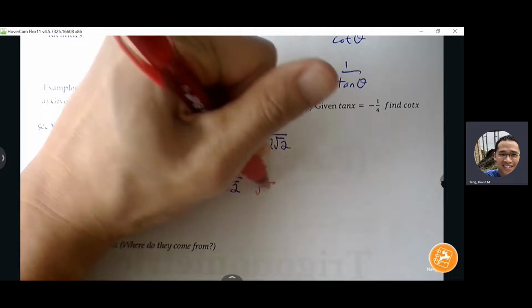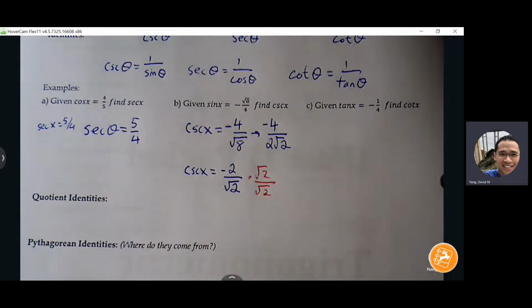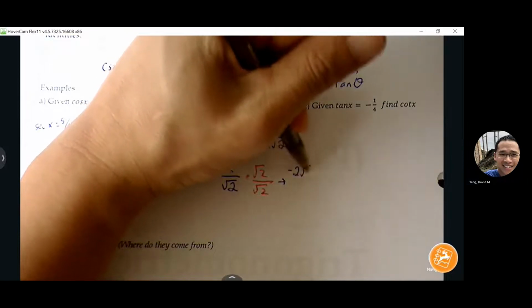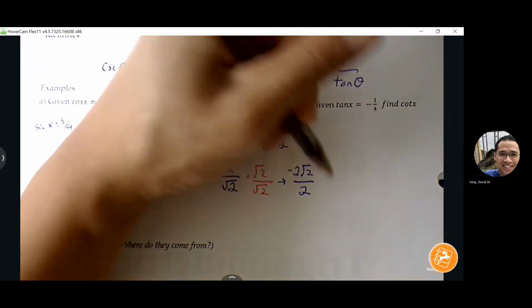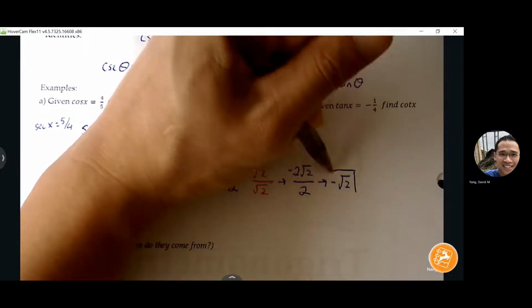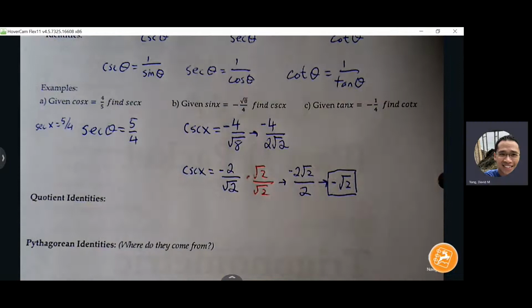I want to bring that root 2 to the top, so I can multiply top and bottom by root 2. And I can further reduce because the 2's can cancel out. It's like a previous unit. We're going to use a lot of information from previous units, kind of building on that.